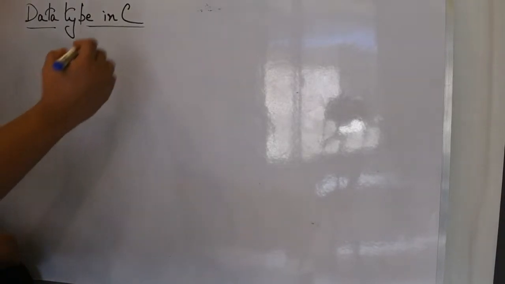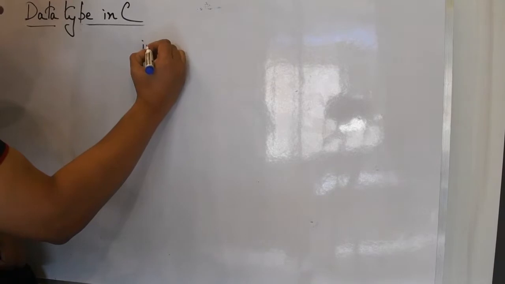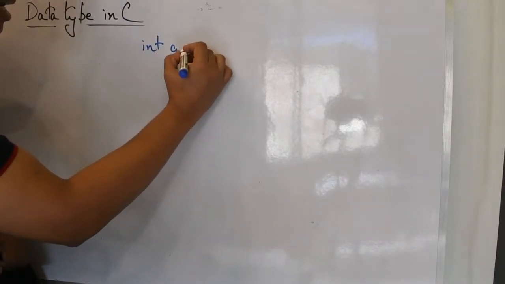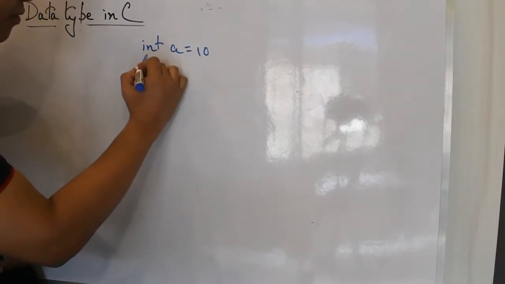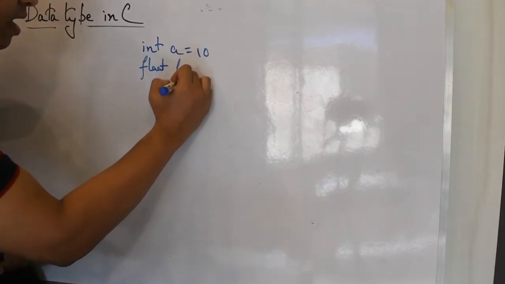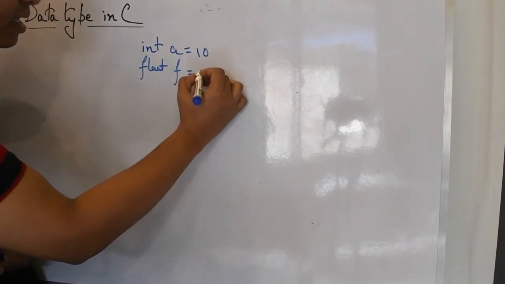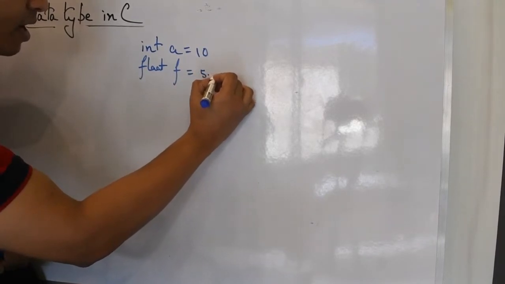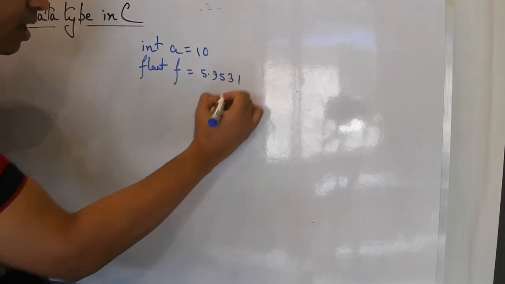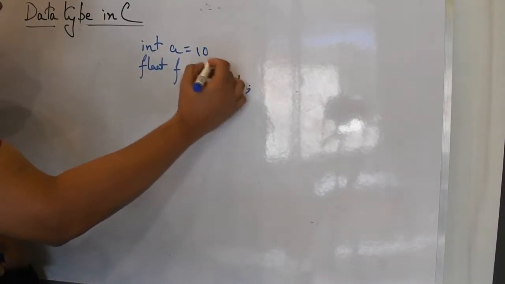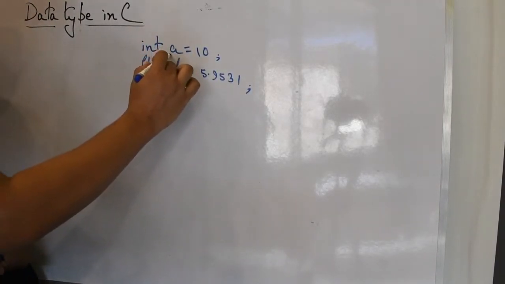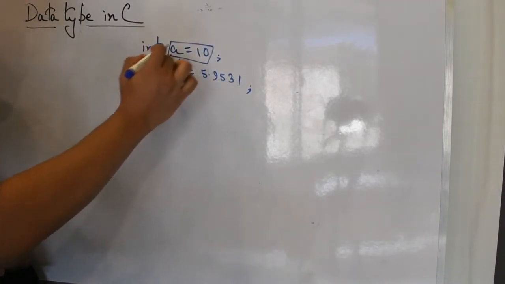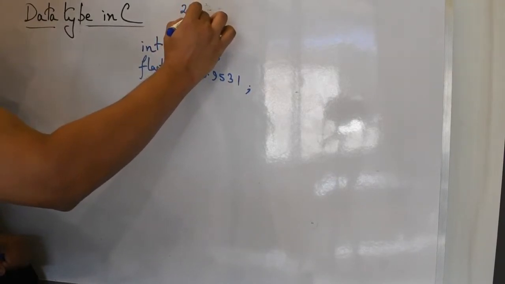So why are data types important and what is the use of them? You have seen that we are declaring like this: int a = 10, float f = 5.9531. For the integer data, only 2 bytes are required.